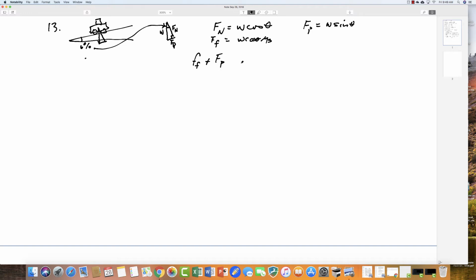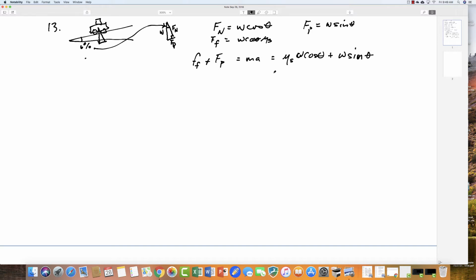So in order to calculate that stopping, whatever the deceleration is, you have to stop both friction and the parallel force dragging it down the hill. And so this is going to equal the friction force we already have, cosine of the angle, and then this is going to equal the weight times the sine of the angle.